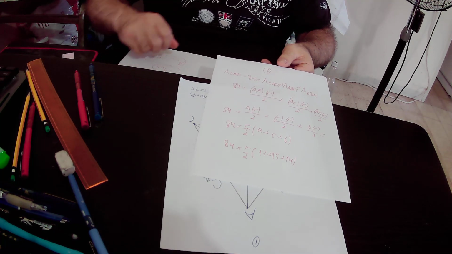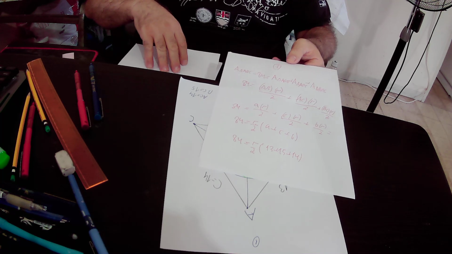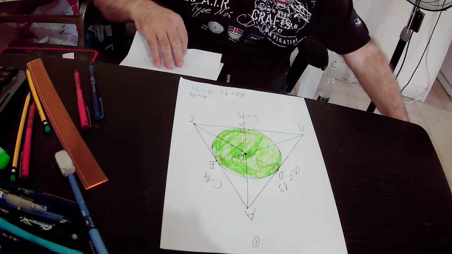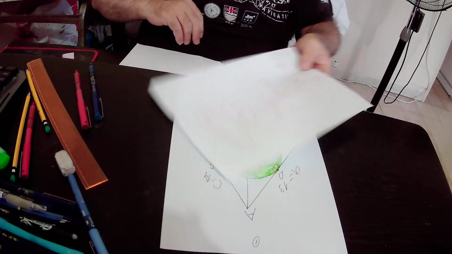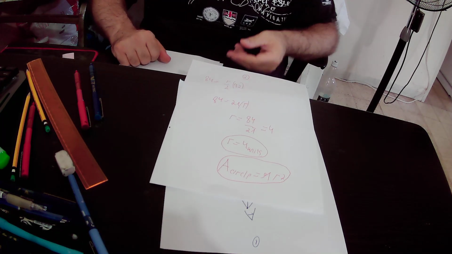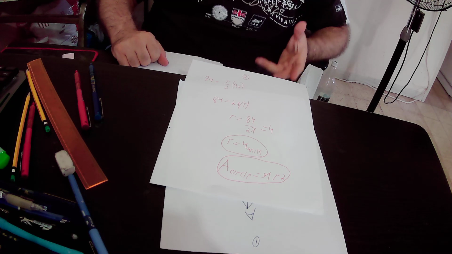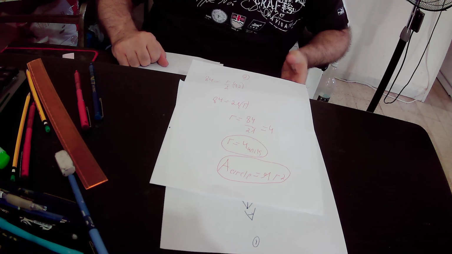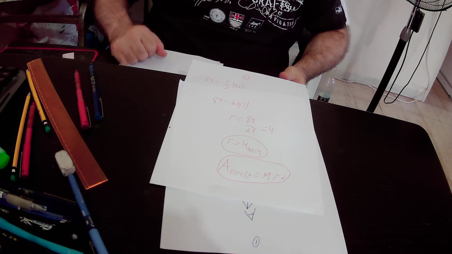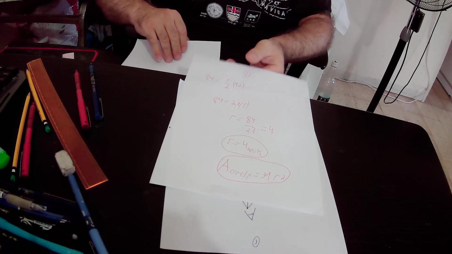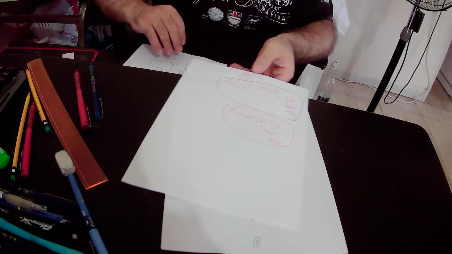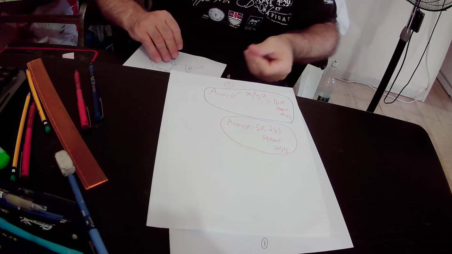Okay, so we found out that the radius of the green circle equals 4 units, and the area of any circle equals pi times the radius of that circle squared. So the area of the green circle equals pi times the radius squared, or pi times 4 squared.